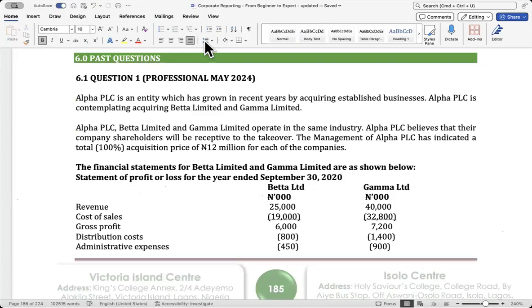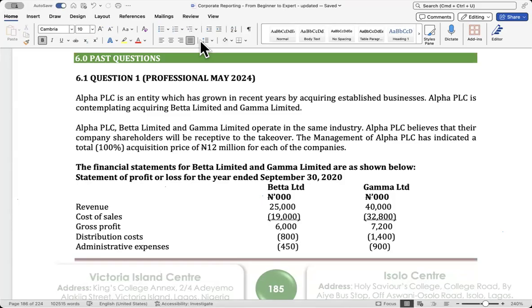Okay. Question one. Alpha PLC is an entity which has grown in recent years by acquiring established businesses. Alpha PLC is contemplating acquiring Beta Limited and Gamma Limited. Alpha PLC, Beta Limited, and Gamma Limited operate in the same industry.